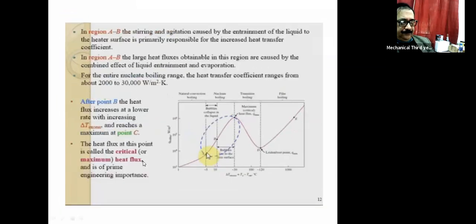So it reaches the maximum at point C. The heat flux at this point is called the critical or maximum heat flux and is of prime engineering importance. So this is the zone that will be utilized for engineering purposes. Beyond this, the vapor is generated, and now we can use this vapor.